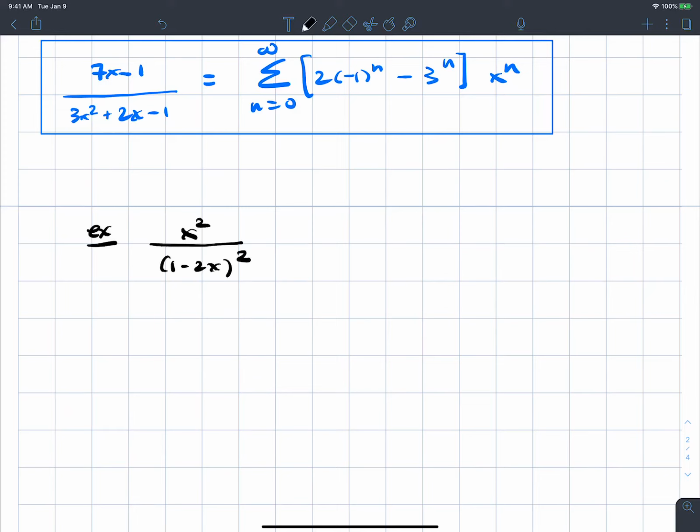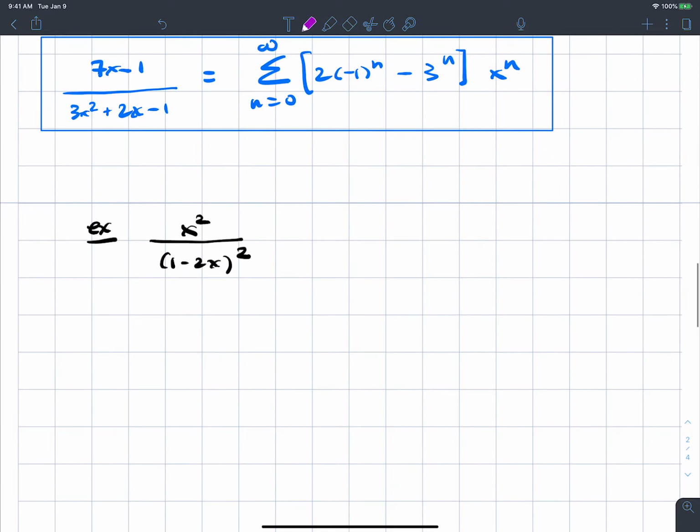We're going to have to write this in terms of a power series. Now, I want you guys to recall earlier this morning, because when you look at it this way, we've got x squared times 1 over (1 minus 2x) to the second power.